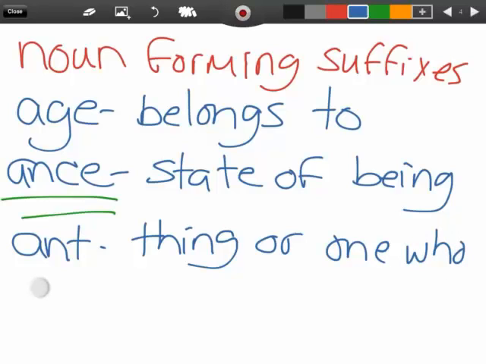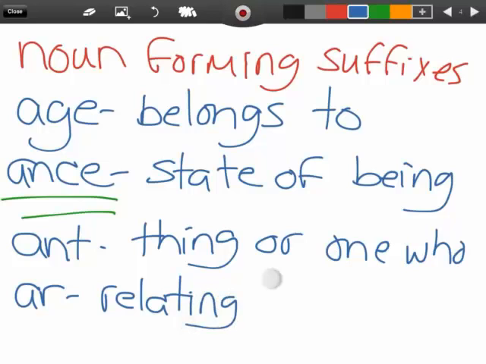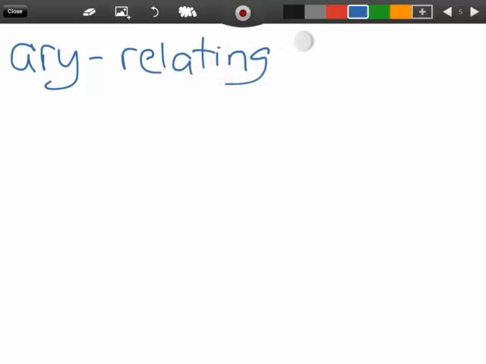Moving on to our next suffix is ar, and ar means relating to or like. Moving on to our next suffix is ary. Ary also has a meaning relating to or like.